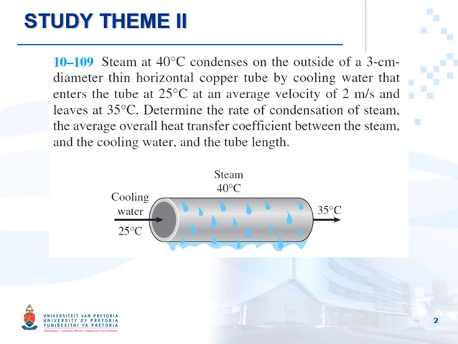Let's first go directly to what the question is asking us. At the end it asks us to determine the rate of condensation of steam, Q dot of condensation. But it's also asking about the average overall heat transfer coefficient.